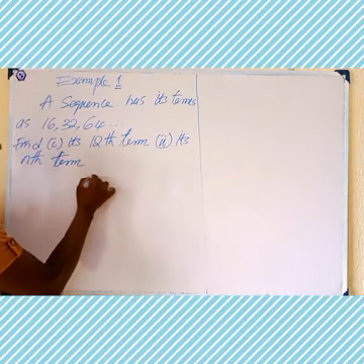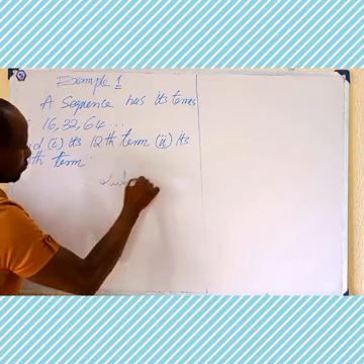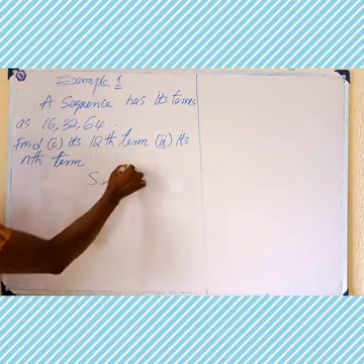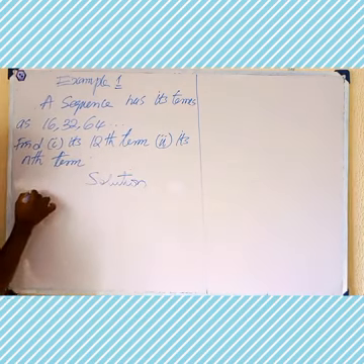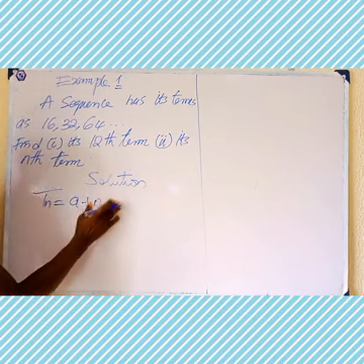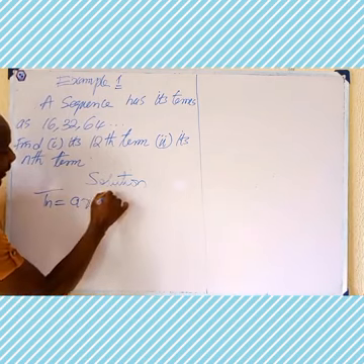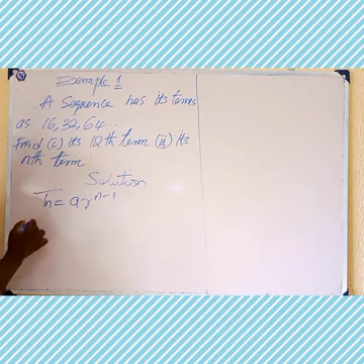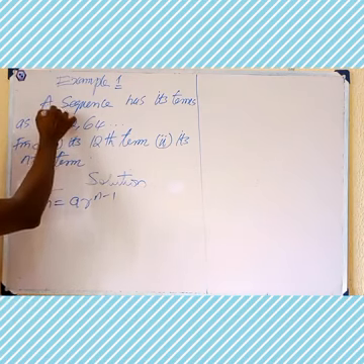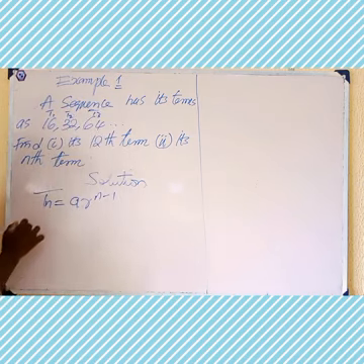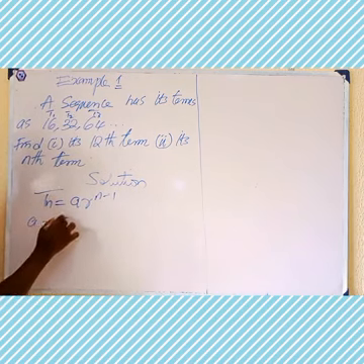So this is our solution. Now Tn is equal to ar raised to the power n minus 1. Now, what is our a? So you go back again and look at the first term, the second term, the third term. So we say a is equal to 16.